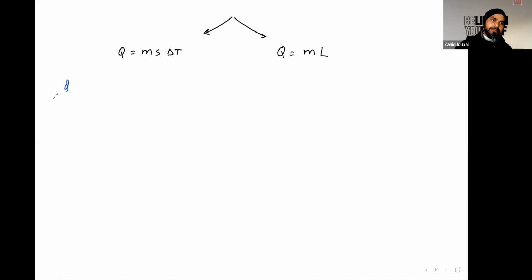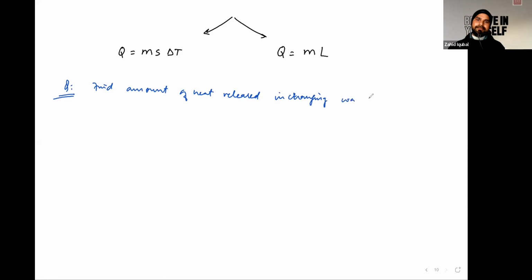Let me just ask you a question. Find the amount of heat released in changing water at 10 degrees Celsius to ice at minus 20 degrees Celsius.